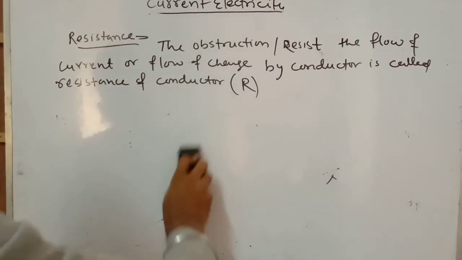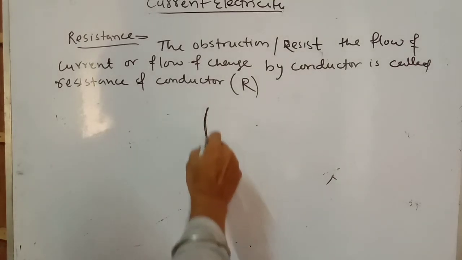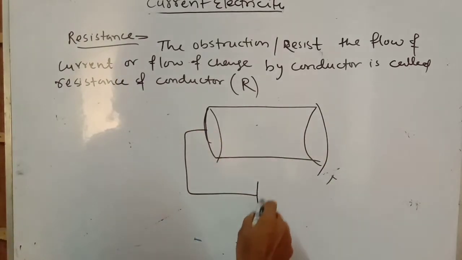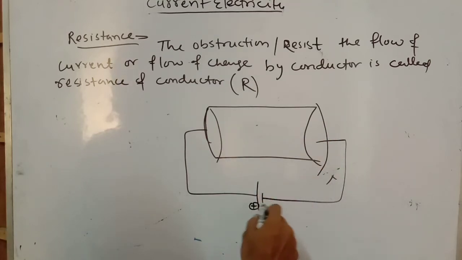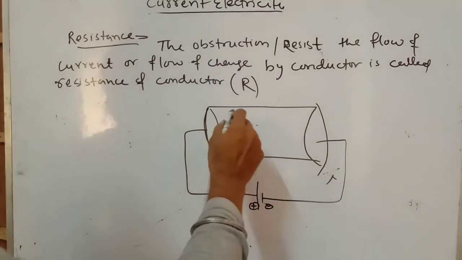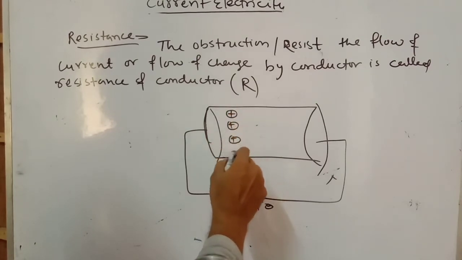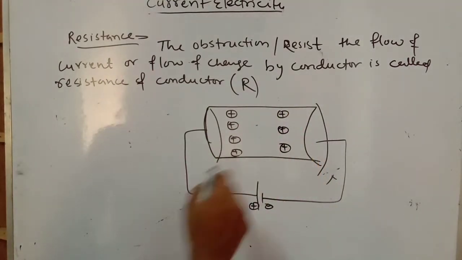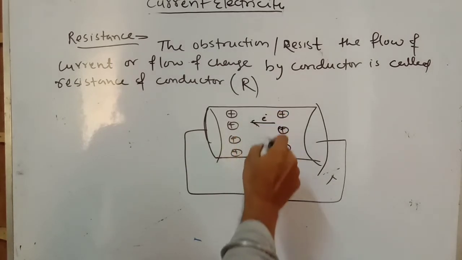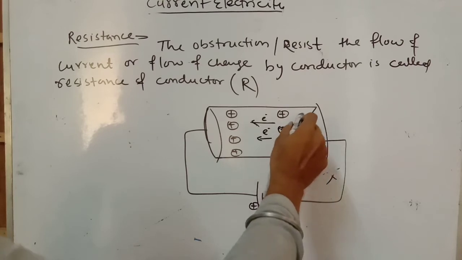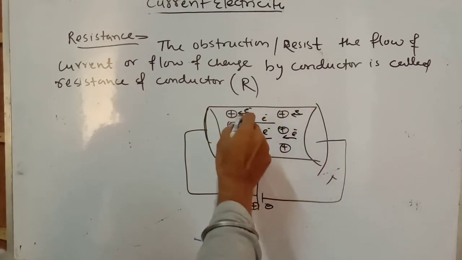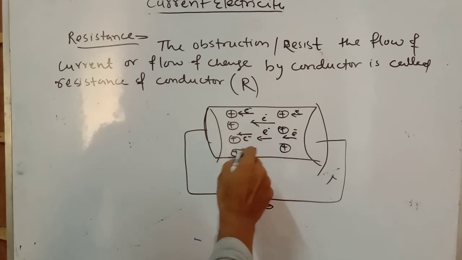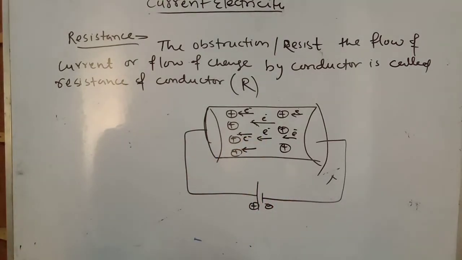Now if we apply a source of electricity, a potential difference, across this conductor, let's say a cell with a positive plate and a negative plate, the positive charge is at rest, but the electrons move towards the positive plate. Some electrons collide with positive charge, and due to this collision a resistance is produced.